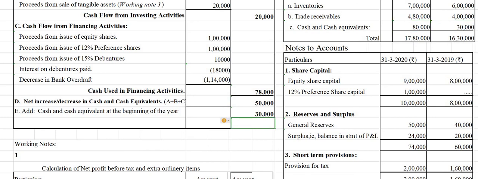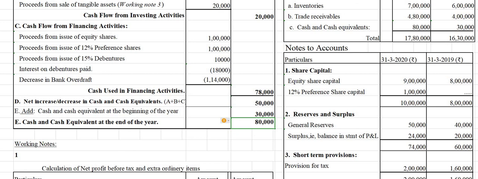That is the closing balance of cash and cash equivalent. So since the total of net increase in cash and cash equivalent and cash and cash equivalent at the beginning of the year equals cash and cash equivalent at the end of the year, the problem is correct. Okay.